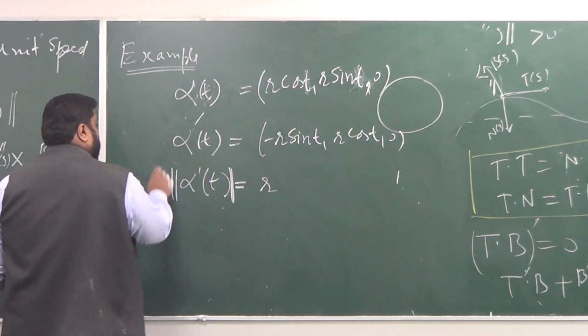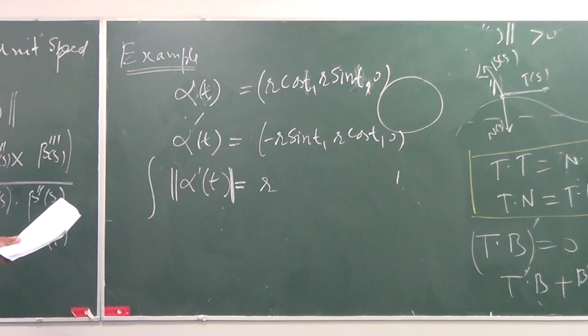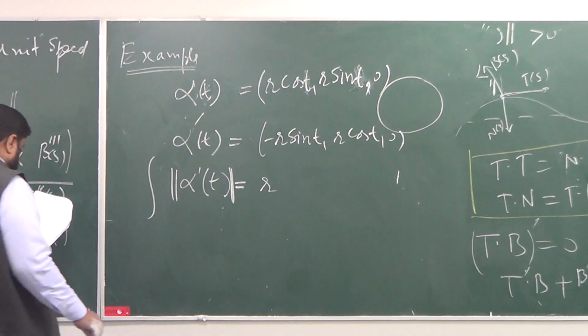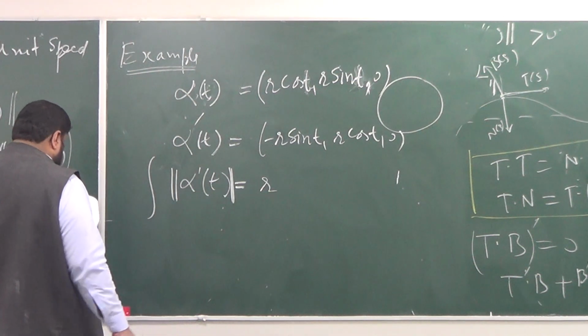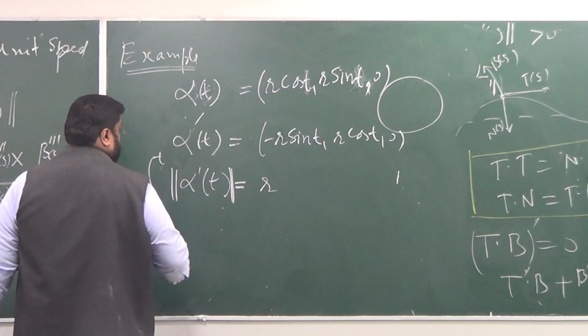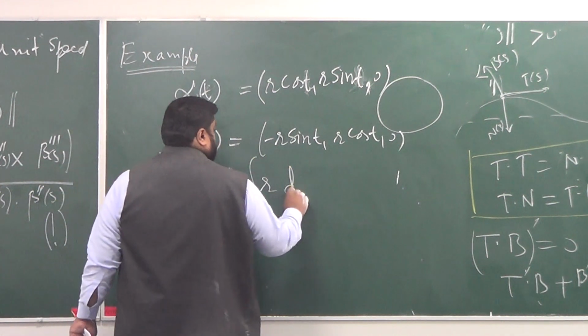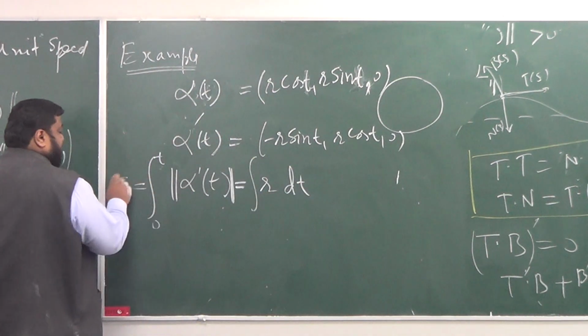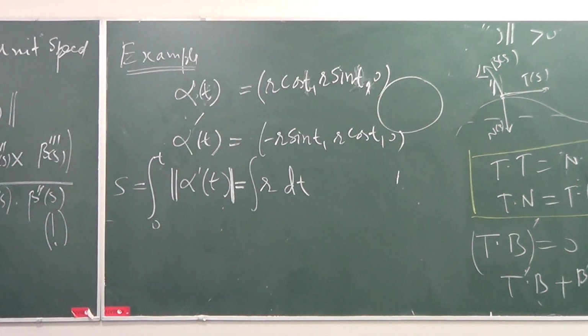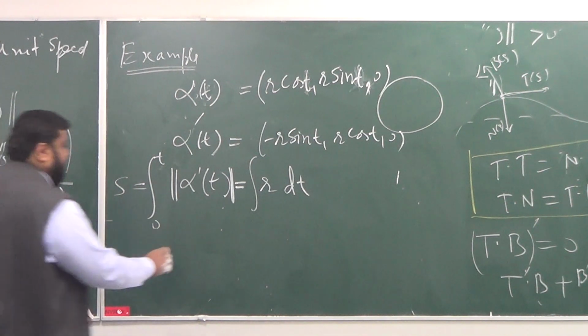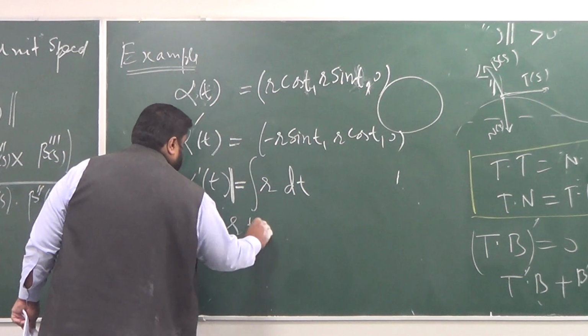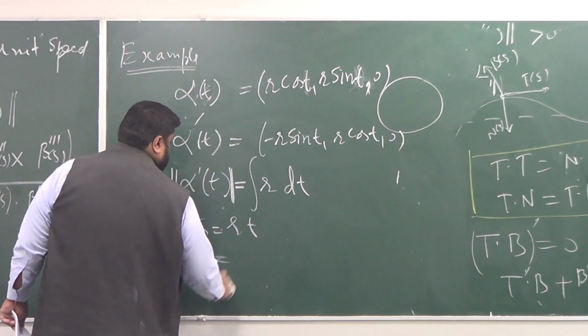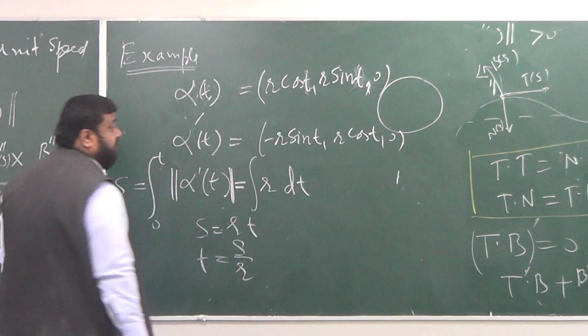And if you integrate it from, for example, 0 to t, what you're going to get is the arc length: s is equal to r t. Therefore t is going to be s over r.